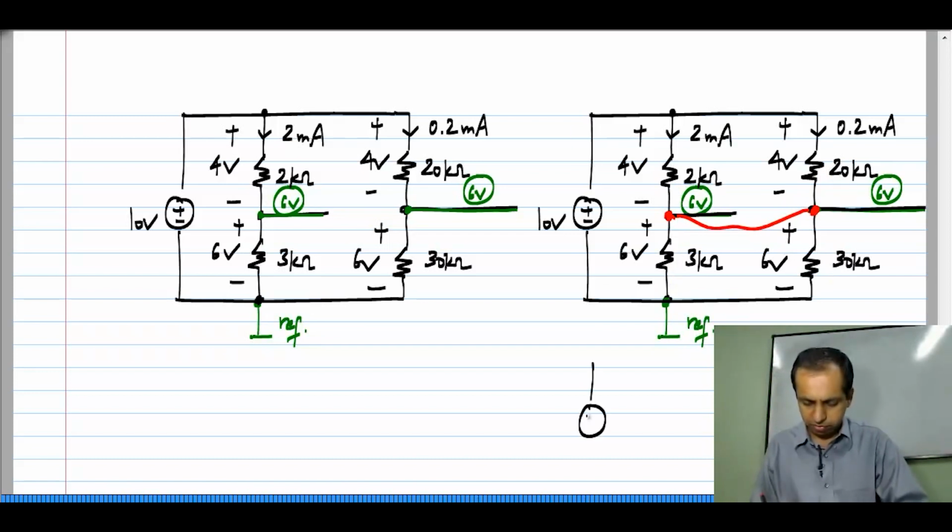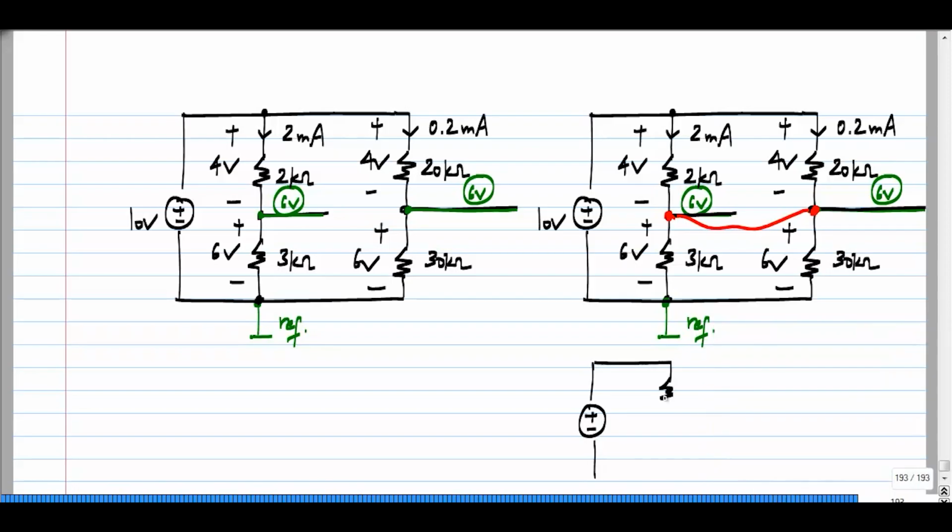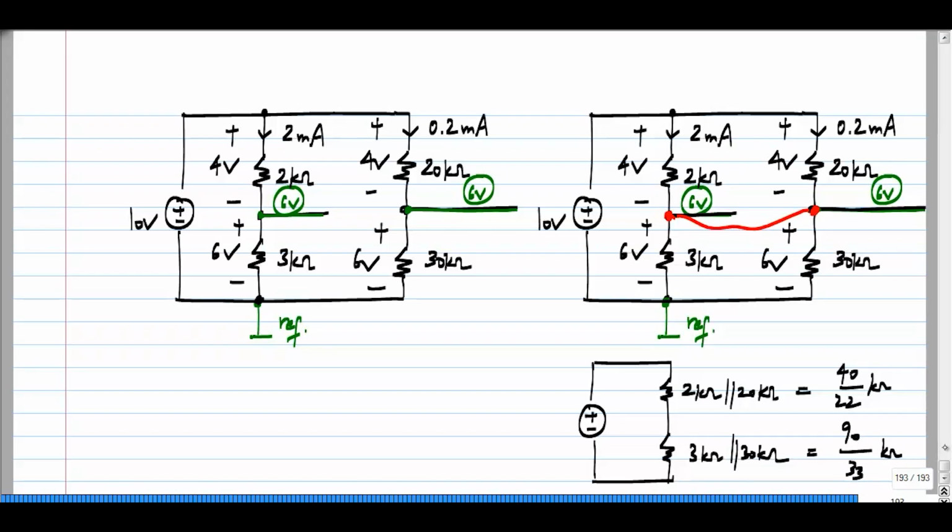So, we will have 2 kilo ohm parallel 20 kilo ohm, which is equal to 40 by 22 kilo ohms. And here we have 3 kilo ohm parallel 30 kilo ohms, which is equal to 90 by 33 kilo ohms. And if you calculate this voltage here, it will come out to be exactly 6 volts.